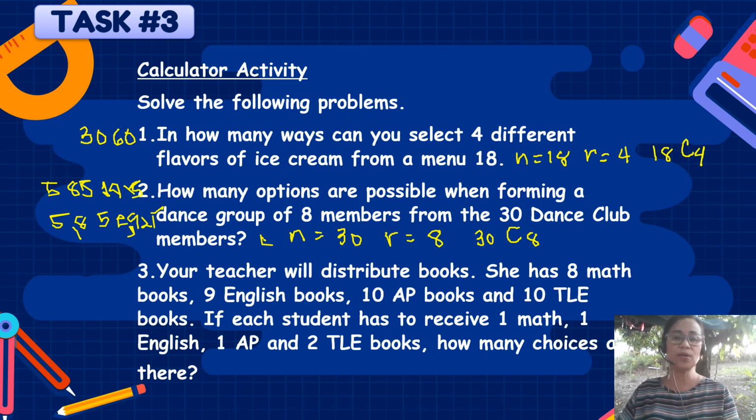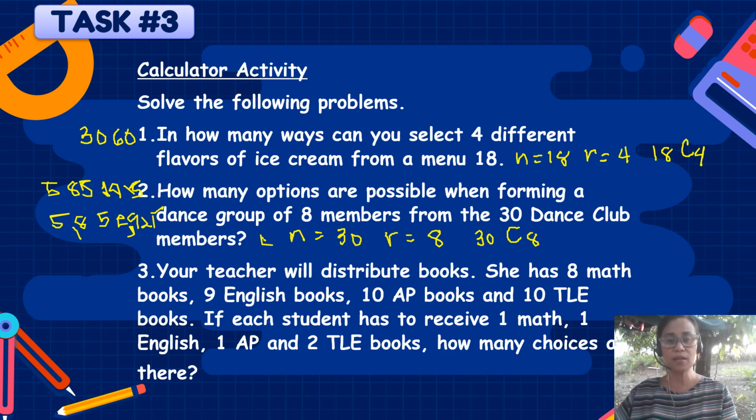Number 3, your teacher will distribute books. She has 8 math books, 9 English, 10 AP, and 10 TLE books. But if each student has to receive 1 math, 1 English, 1 AP, and 2 TLE books, how many choices will there be?